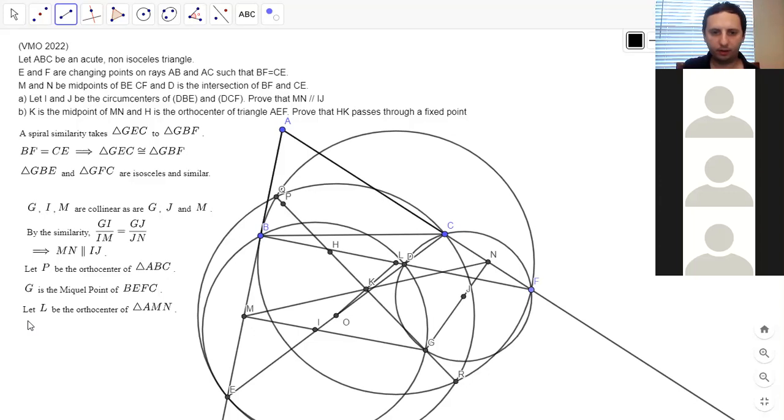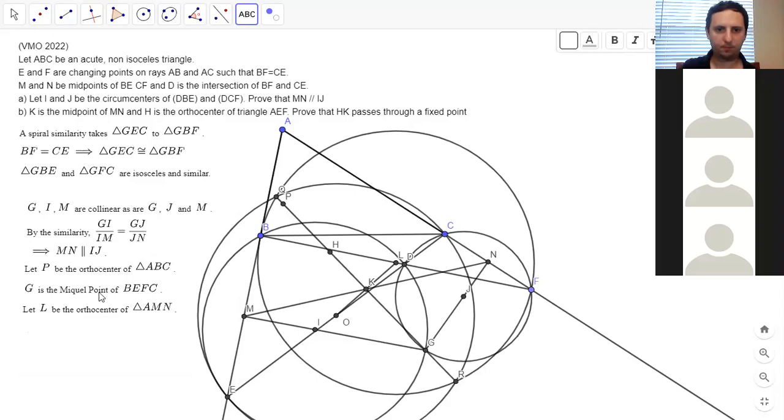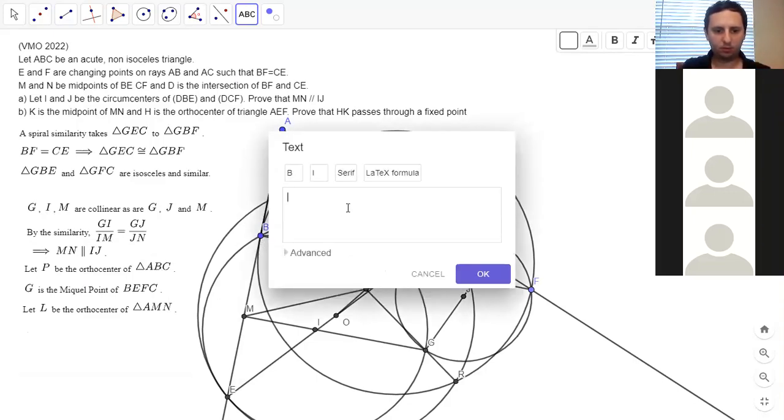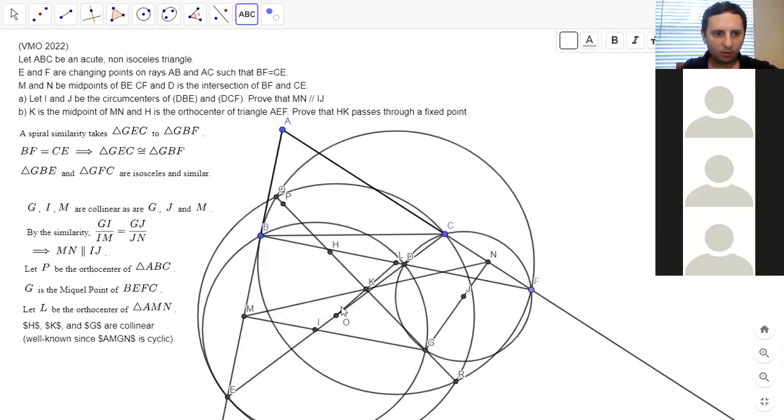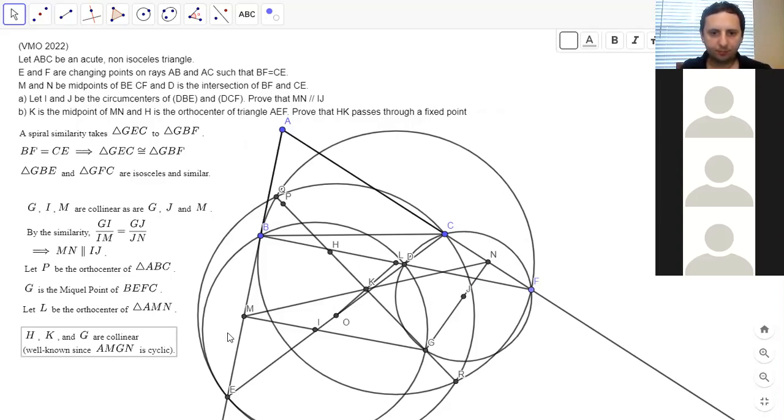It's well known that H, K, and G are collinear, and that's well known since AMGN is cyclic. Oh no, P, K, and G are collinear.